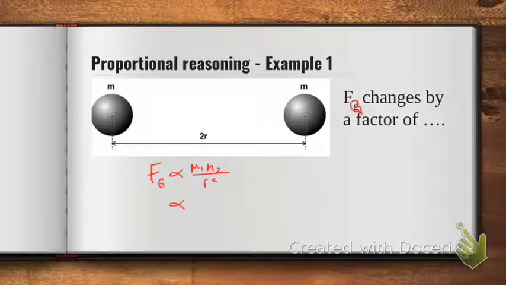The coefficient of the first mass is 1, coefficient of the second mass is 1, coefficient of the radius is now 2, and that'll be squared. Alright, so that means the force of gravity changes by a factor of 1/4.